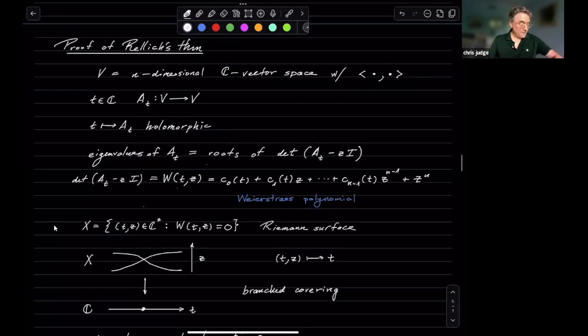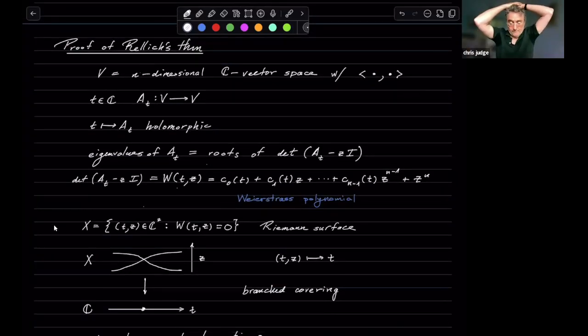Okay, so now the proof of Rellich's theorem. I really like this proof by Rellich. This is, again, in his original 1937 paper. Let's assume we have a finite dimensional vector space. We're talking about a holomorphic family of operators, just as before. And of course, when you're talking about a finite dimensional operator, we're talking about the roots of the characteristic polynomial.